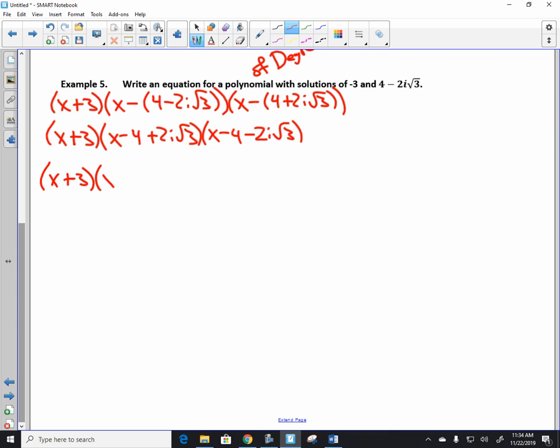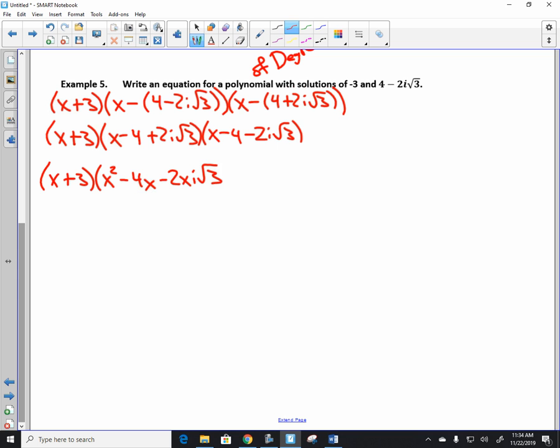X squared, minus 4x, minus 2xi root 3. So I just multiplied the x through to each term.